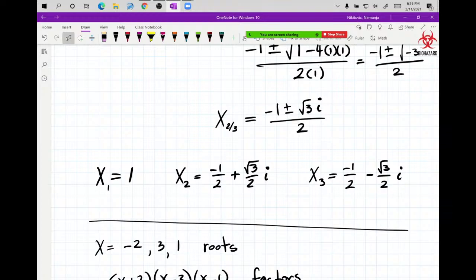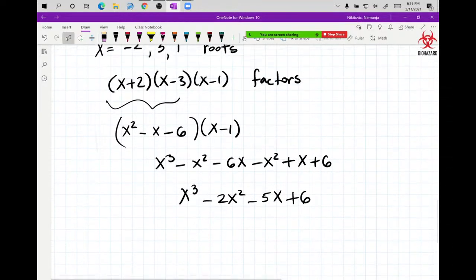But as soon as you get x to the 7, game over. You either are lucky to see that factoring by grouping can help, and here and there maybe something can do something, but for the vast majority of them, the only thing you can do is cry. Or use numerical methods, as I mentioned, or something of that sort.